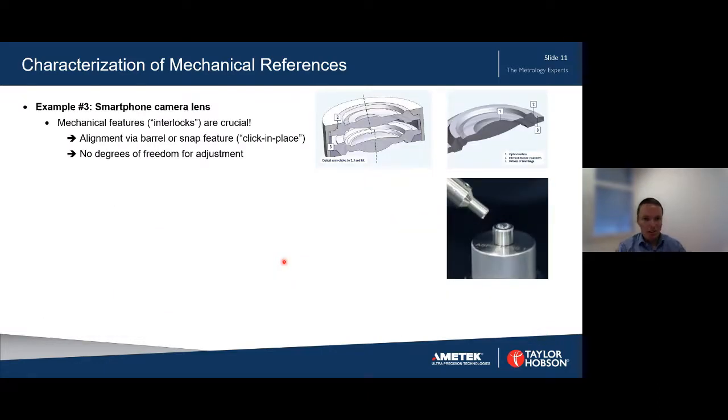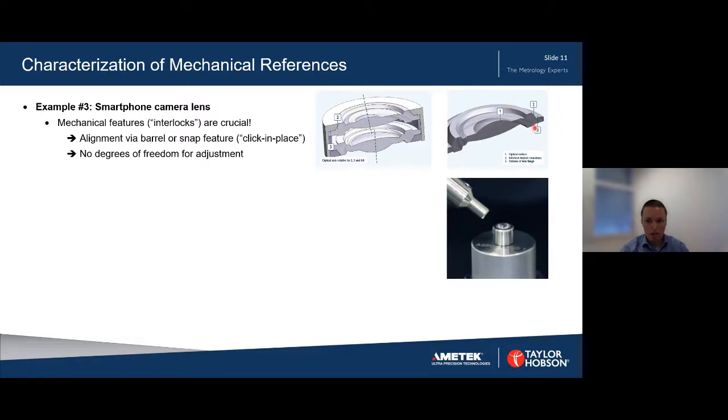And example number 3. Here the mechanical features, they are also called interlocks, are crucial. So it's very important to know the orientation or position of the optical axis to these interlocks, because for these smartphone camera lenses you see here, there are two ways to build a system with these lenses.